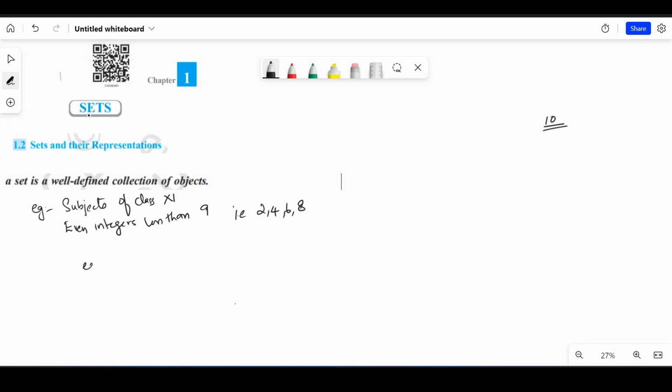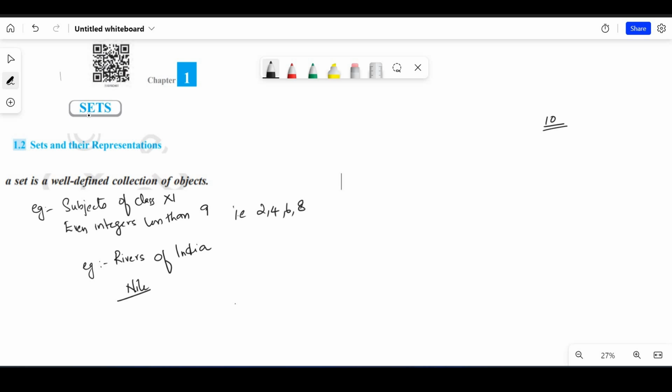For example, say we are taking the set as the rivers of India. Does Nile belong to the rivers of India? No, right? We know that the rivers of India contain Ganga, Brahmaputra, Godavari, Kaveri, etc. So we can say that Nile does not belong to the collection of rivers of India, while the Ganga river actually belongs to this collection.